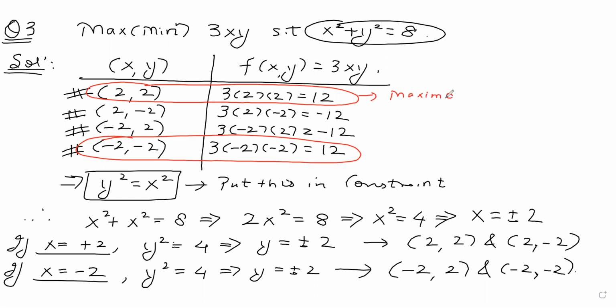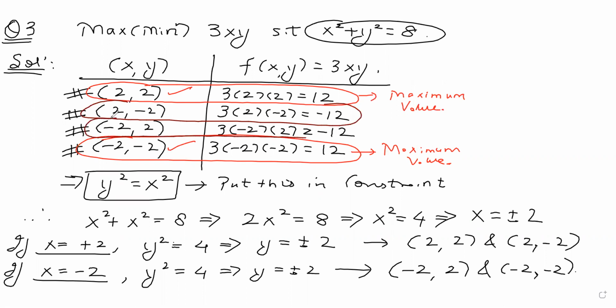The function has a maxima. This is my maximum value. So clearly all students can see the maximum value of the function is 12, which occurs at 2 comma 2 and minus 2 comma minus 2. And the function has the minimum value at these two particular points.